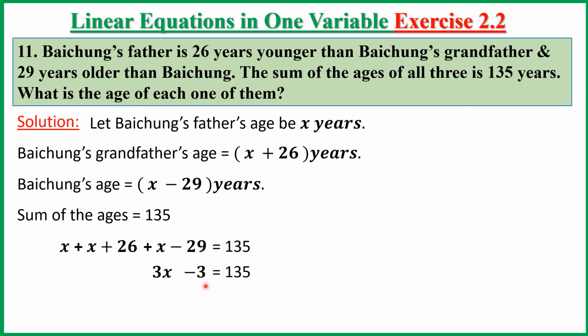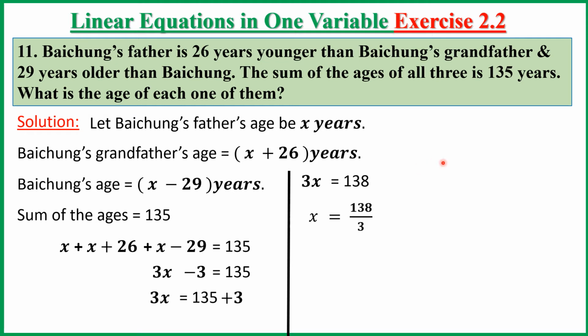So 3x minus 3, this minus 3 we have to transpose to our right hand side. So 3x equals 135 plus 3, which is 138. Now 3 is multiplied with x, so when transposing to the right hand side it becomes division. x equals 138 divided by 3.